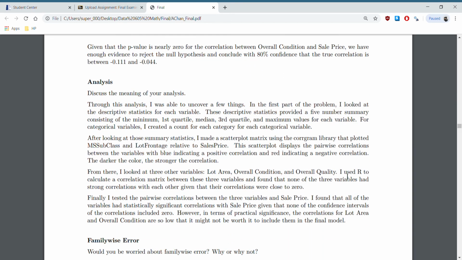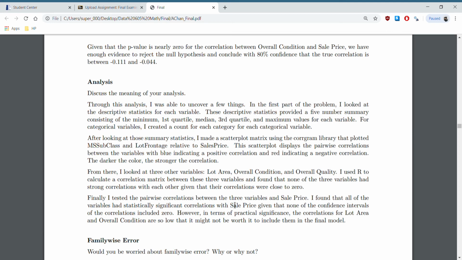And then, yeah, through this analysis, I was able to find a couple of things. In the first part, I looked at descriptive statistics with a 5-number summary and a table of counts for each category. I made some correlation matrices using the corrgram package and found a few interesting relationships between sale price and MSSubClass and lot frontage.